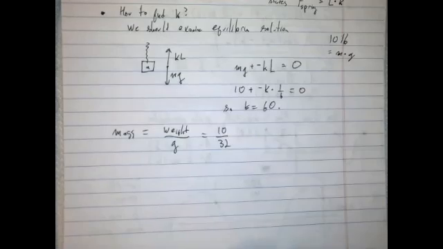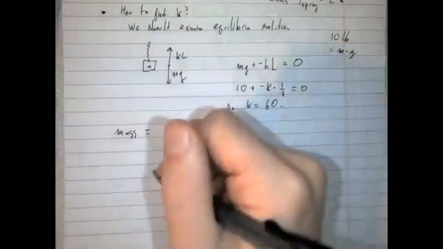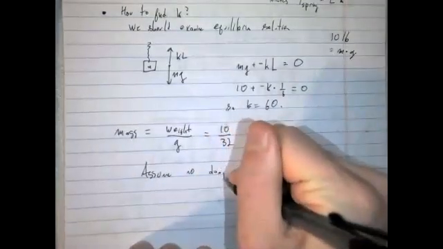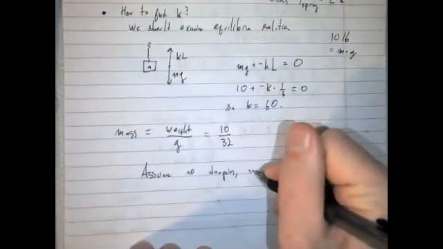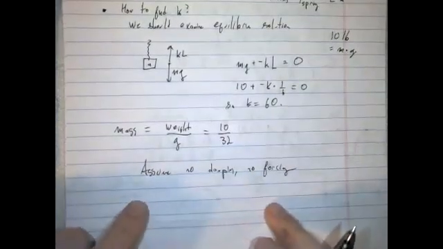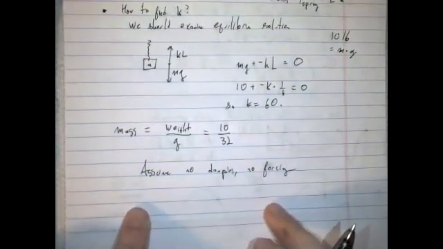Yep. And so now we have all of the constants that we need to write out our actual equation of motion. So we assume no damping and no forcing. So what is our actual differential equation that must be satisfied?